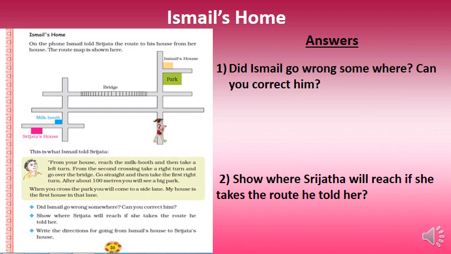Here, children, observe the map once. Did Ismail go wrong somewhere? Can you correct him? Children, can you correct Ismail? Did Ismail go wrong, children? Yes.